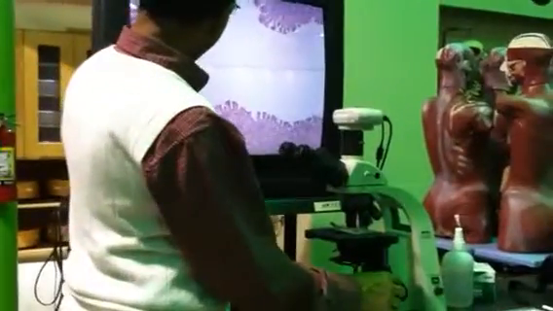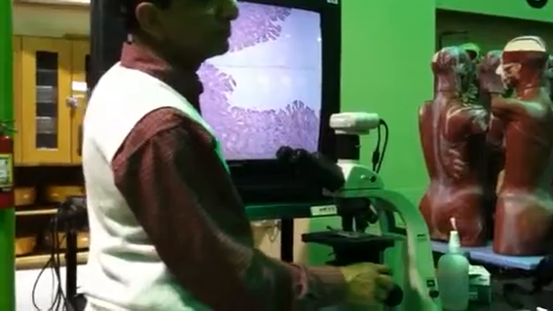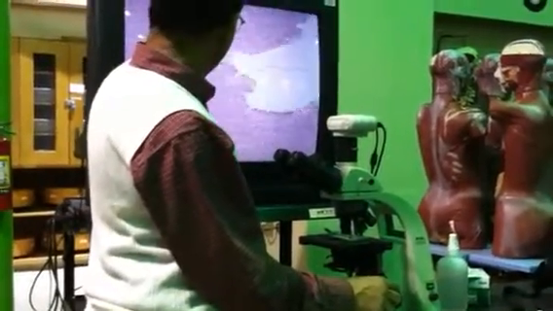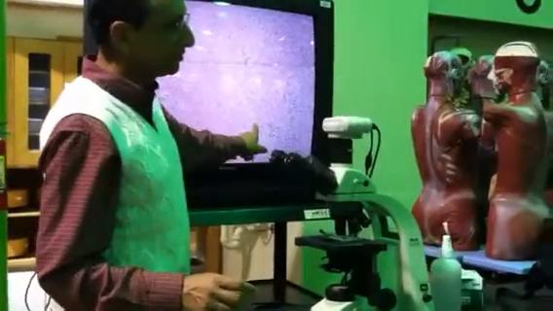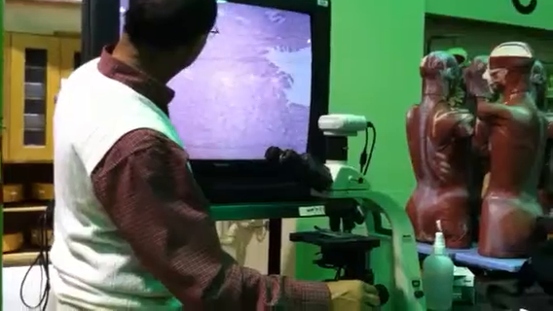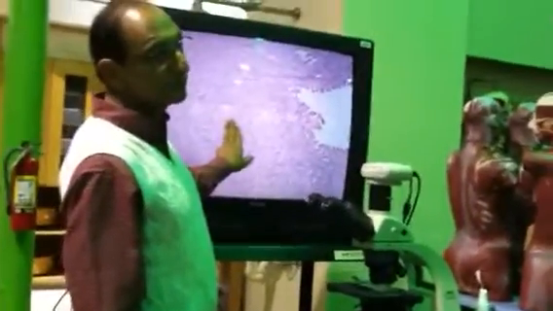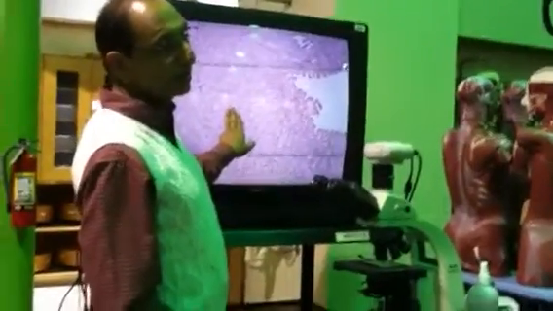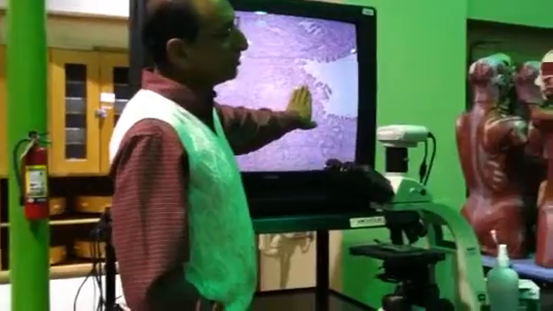So which layer is this? Endometrium. And which layer is this? See the boundary here? Myometrium. So in the endometrium, the outer part is called the basal layer, and the inner part, the functional layer.